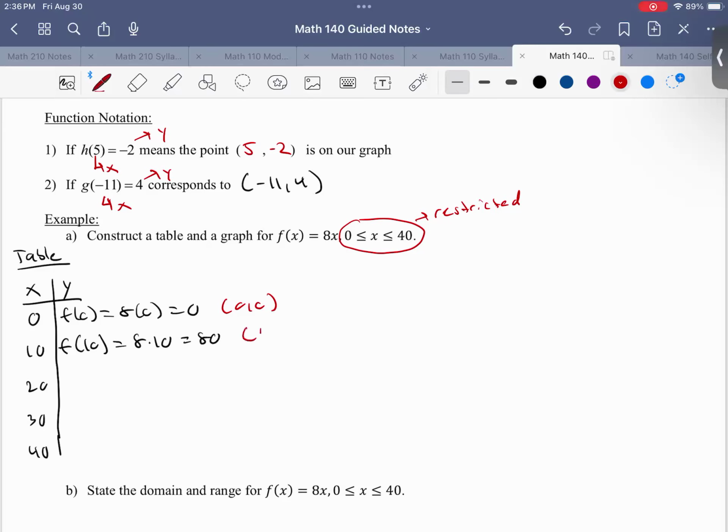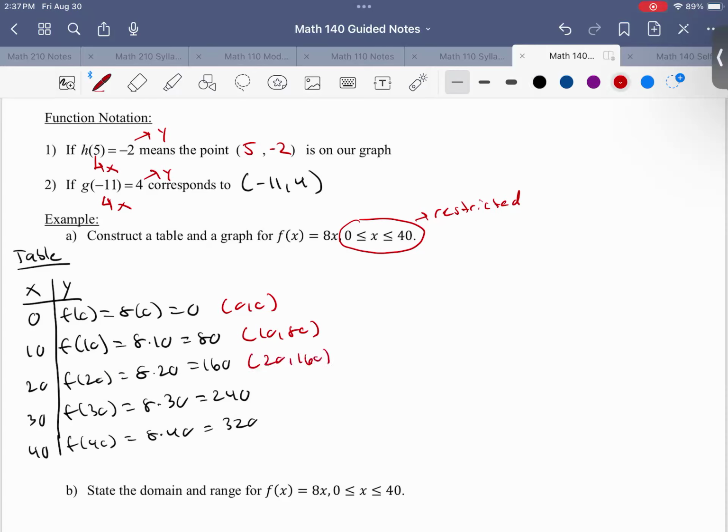So now I get the point (10, 80). So on and so forth. f of 20 equals 8 times 20, which is 160. f of 30 equals 8 times 30, which is 240. And f of 40 equals 8 times 40, which is 320. So now I have the points (20, 160), (30, 240), and (40, 320).